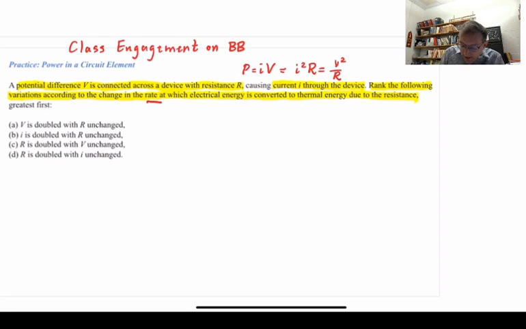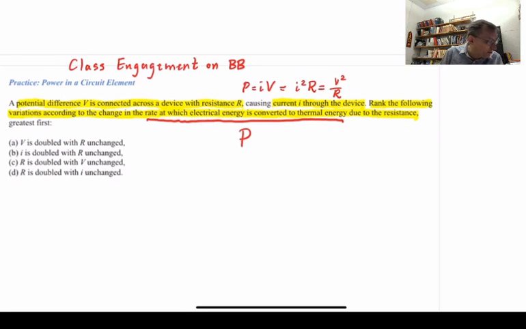Rate at which electrical energy is converted to thermal energy: power. Okay? Due to the resistance. So we have some initial power, which is just I times V, or I squared times R, or V squared over R, excuse me. That's our initial situation. If you like, P sub I, where the I means initial.